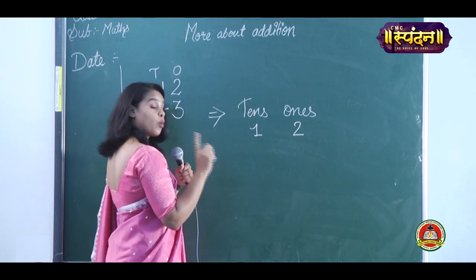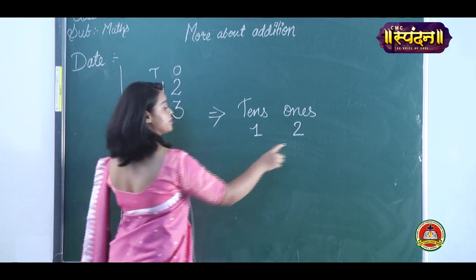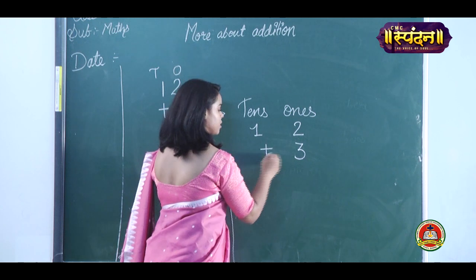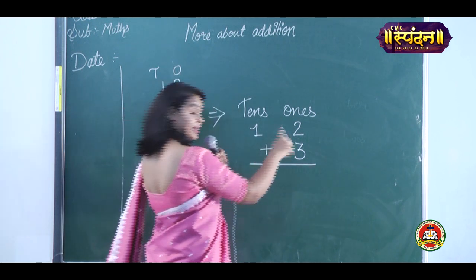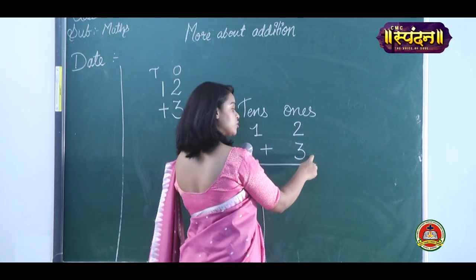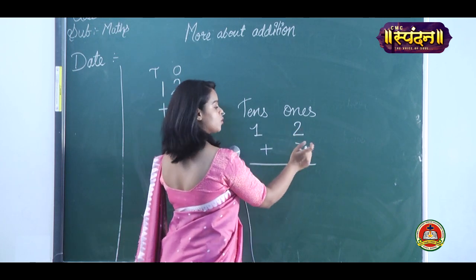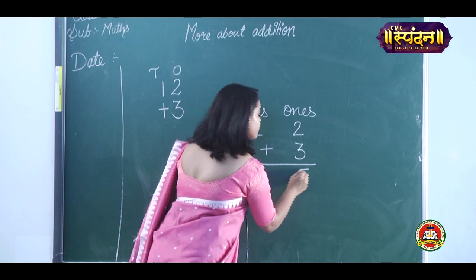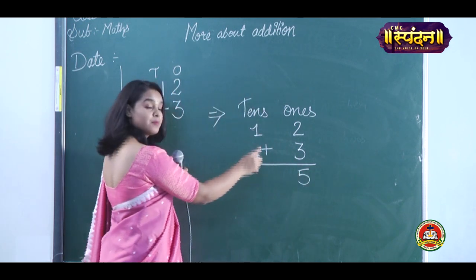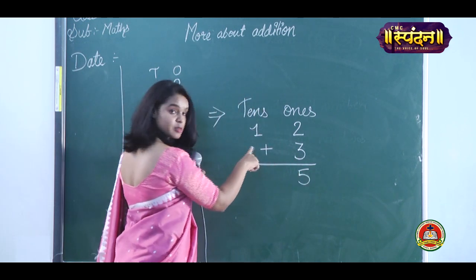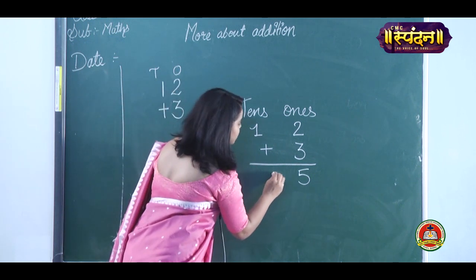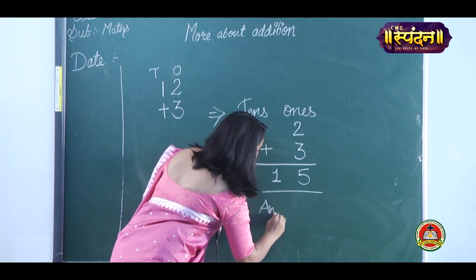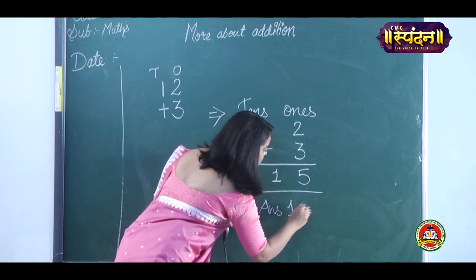What is there on the ones place? It's 2. Now you have to add 3 in it. So adding the ones, 2 plus 3. So 2, 3, 4, 5. 5 and 1 plus there is nothing at the tens place. So we will write 1 only and the answer is 15.